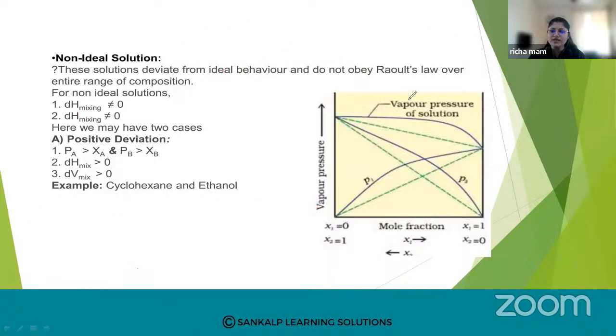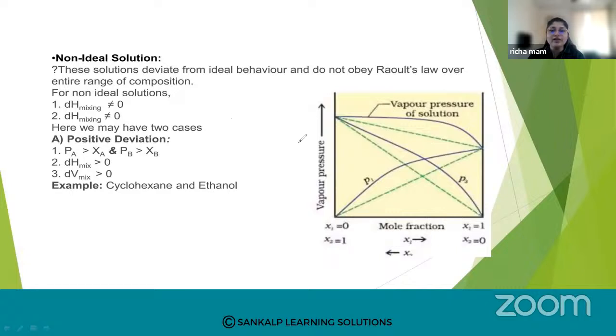So depending upon this, the non-ideal solutions, as we have discussed, are further divided into two types, that is positive deviations and negative deviations. Non-ideal solutions showing positive deviation means the values are a bit higher. When it has a value a bit higher, then it will show positive deviation.